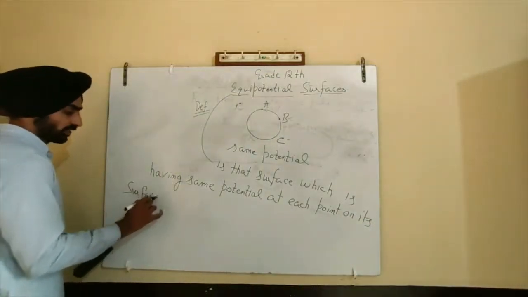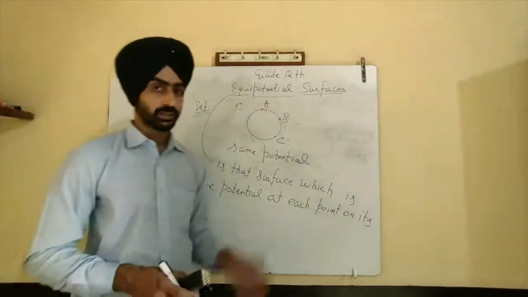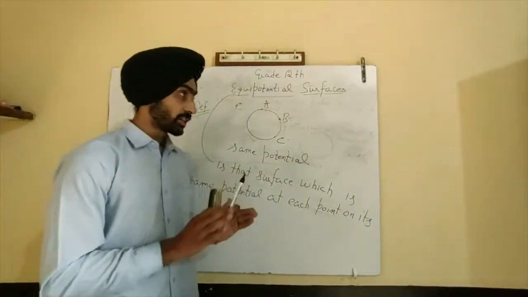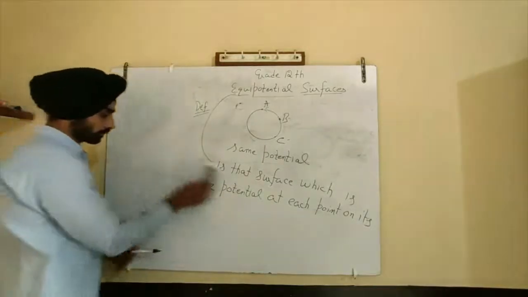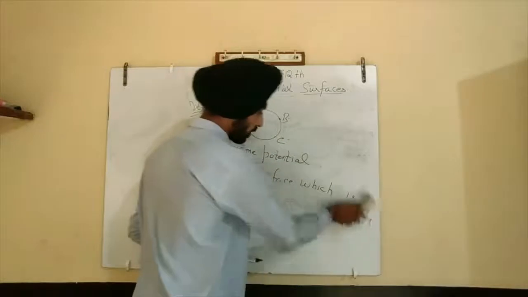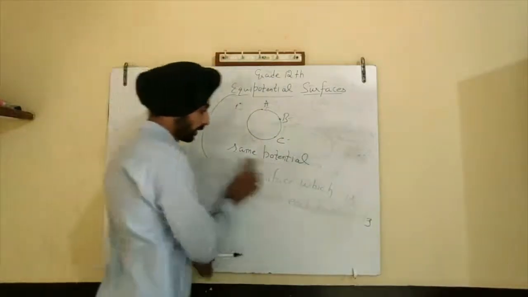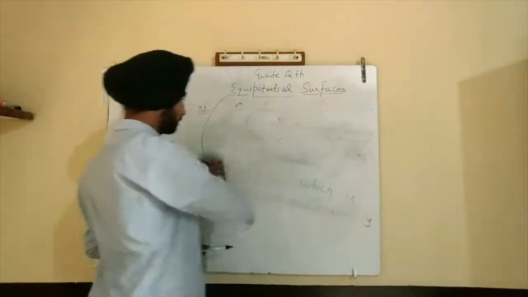So this is the definition of equipotential surface. This is our first concept today. We are moving on to the second concept. You can pause the video and make these notes.